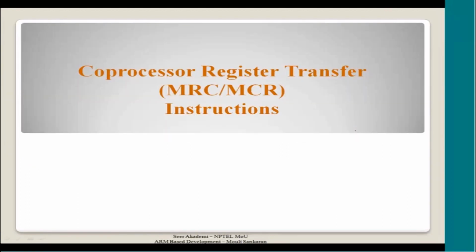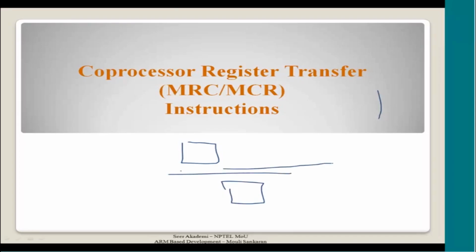Now the last coprocessor instruction type, which is the register transfer. Again, let me come back. ARM is there, coprocessor is there. The data bus is there: ARM, coprocessor, memory. Now we saw that the coprocessor can do its own job using the CDP instruction. We saw that between the coprocessor and memory, data transfer can happen using the coprocessor data transfer instruction.